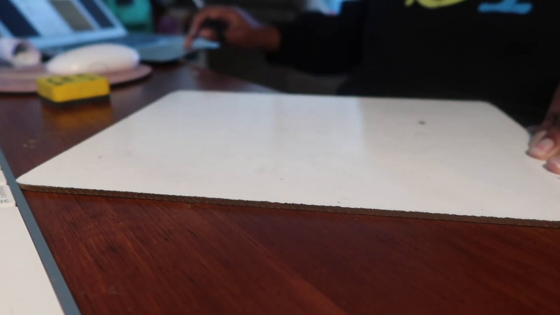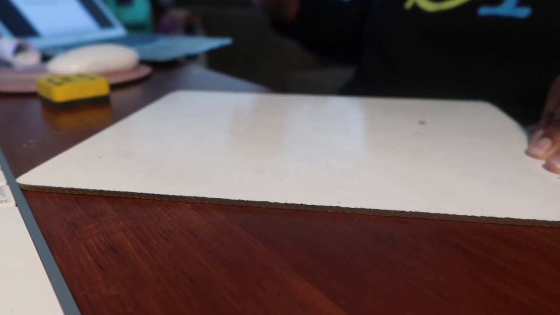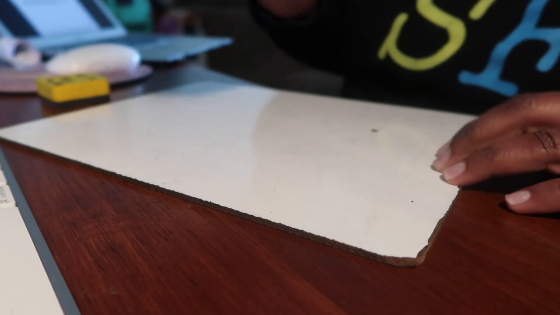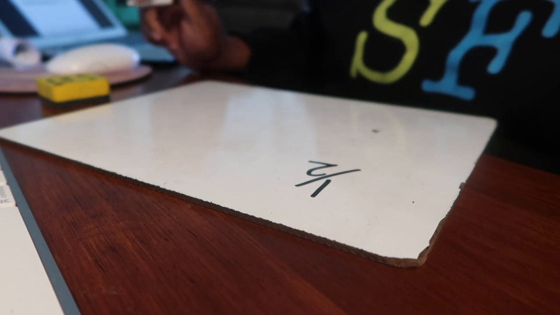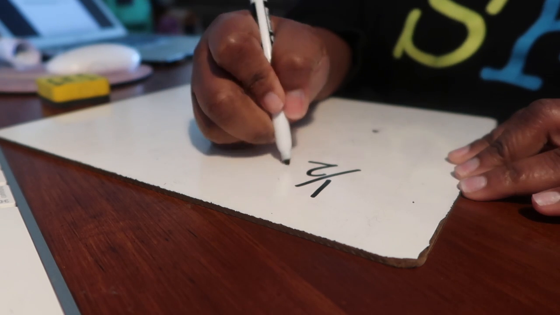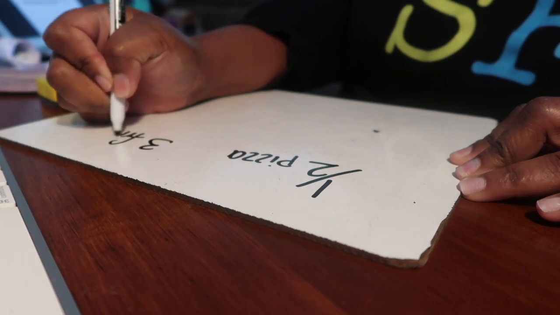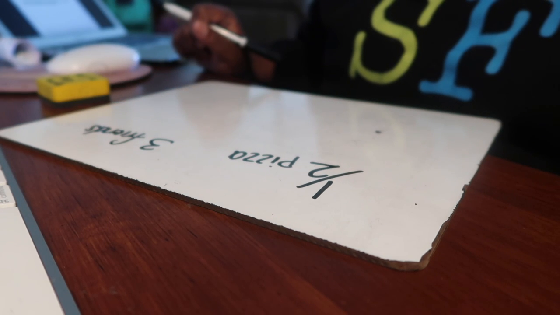So in our first problem, we have a word problem, and it says Ron has 1/2 a large pizza. He gave it to 3 friends. What amount of the pizza will each friend get?